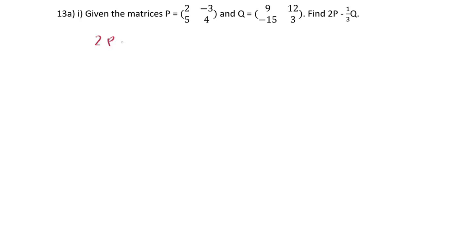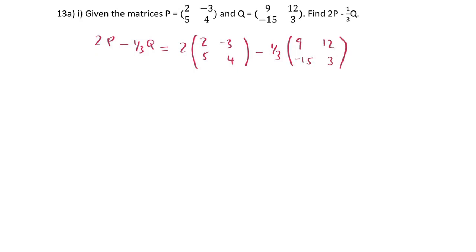Then we are going to have 2P minus 1/3Q equals 2 times matrix 2, 5, negative 3, 4, minus 1/3 times matrix 9, negative 15, 12, 3. Okay, so now let us apply the scalar multiplication.